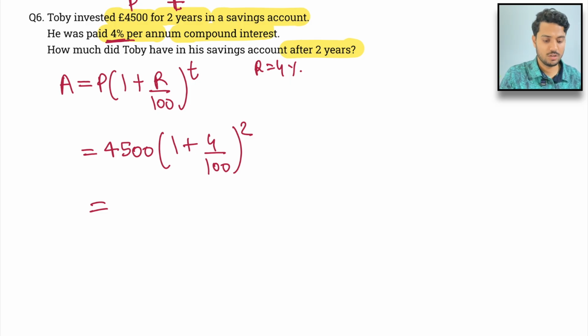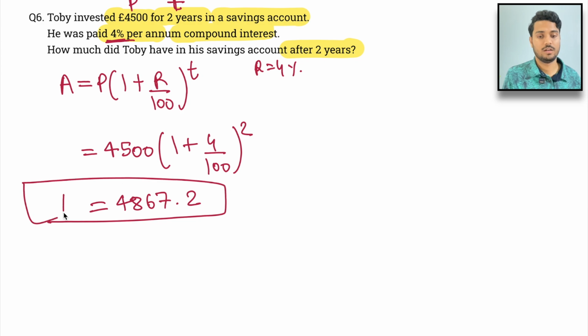Put the values in the calculator. 4,500 (1 plus 4 upon 100) raised to 2, and the answer is 4867.2, and this many pounds Toby will have in his account after 2 years.